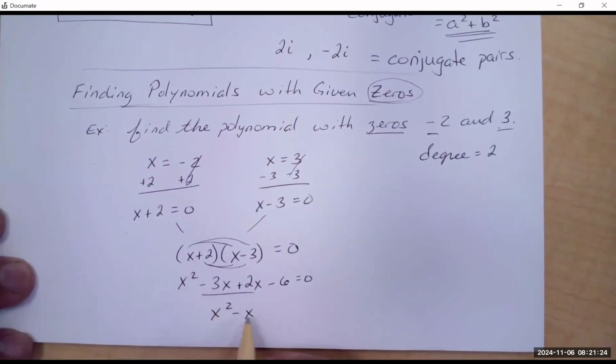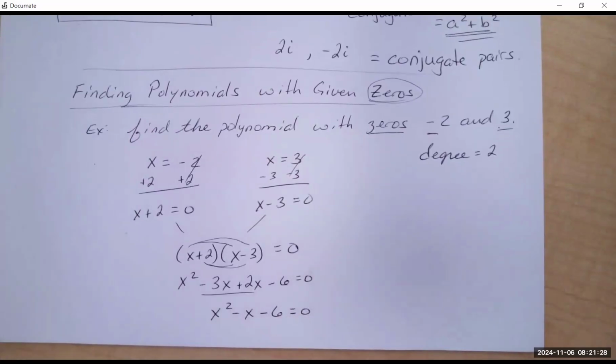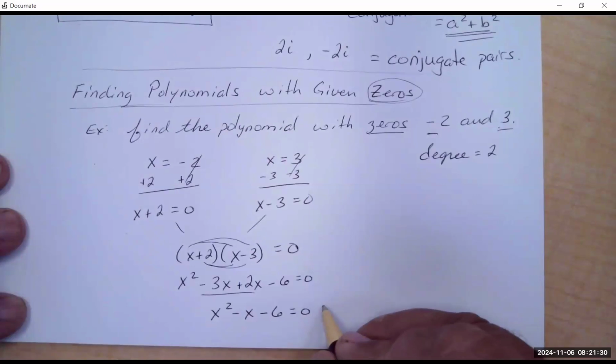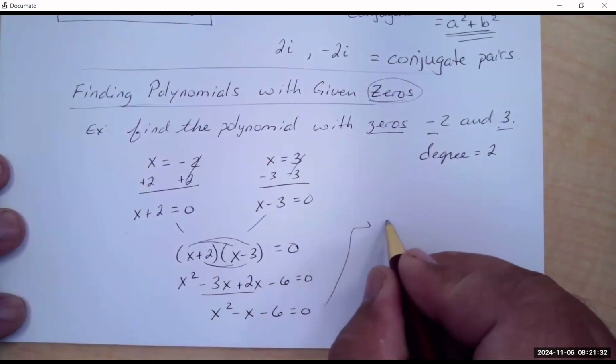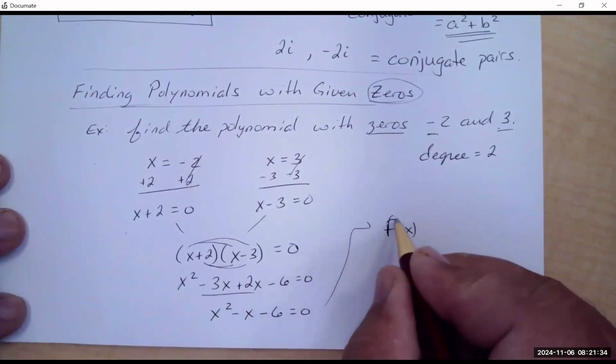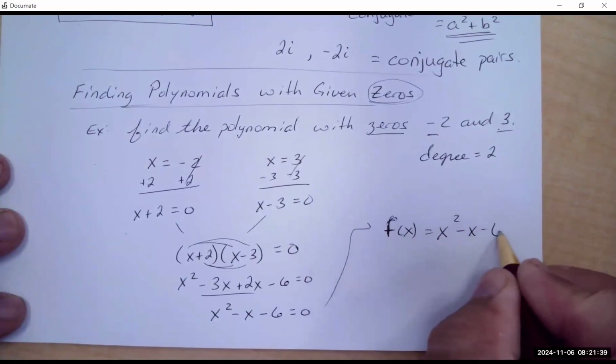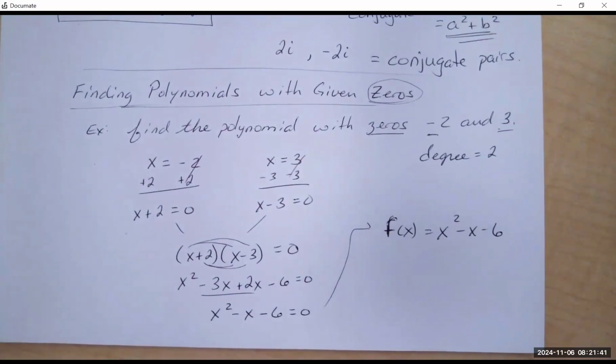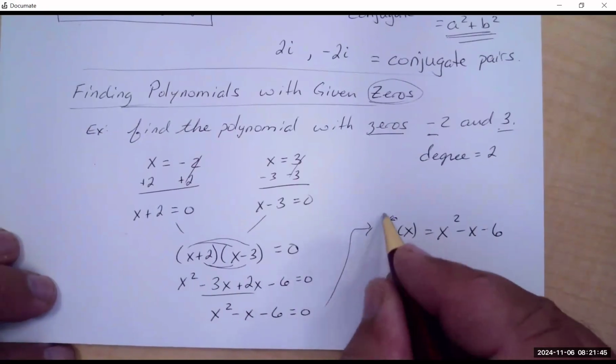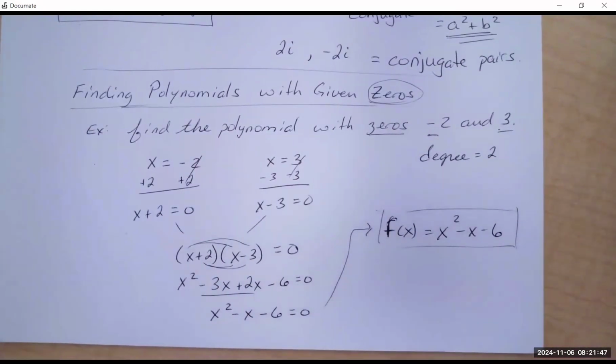X squared minus x minus 6 equals 0. So my polynomial, f of x, is x squared minus x minus 6. That's the polynomial I'm looking for.